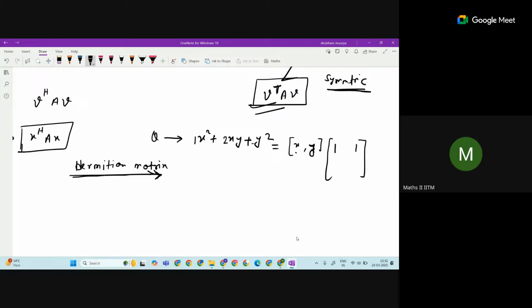So this is 1 here. This entry came here, this one, and this one. This c part is here. So if it is the form ax square plus 2bxy plus cy square, then the form is going to be this one: a b b c and x and y.